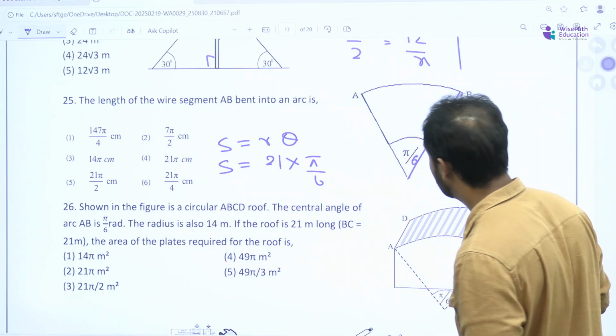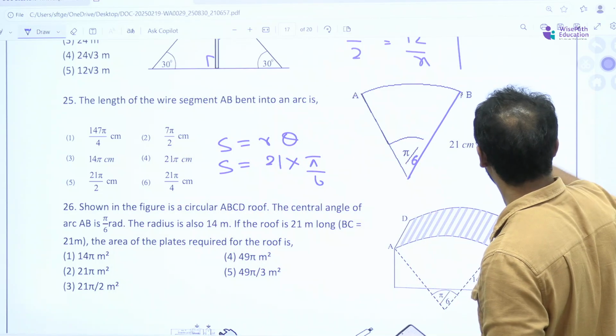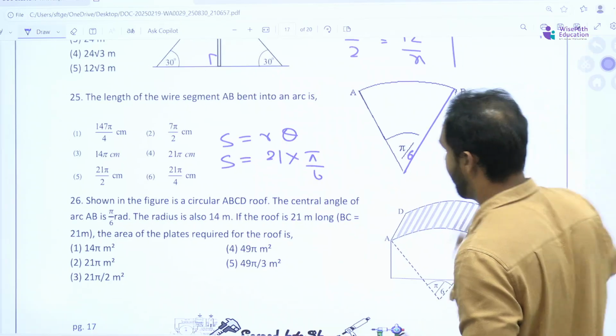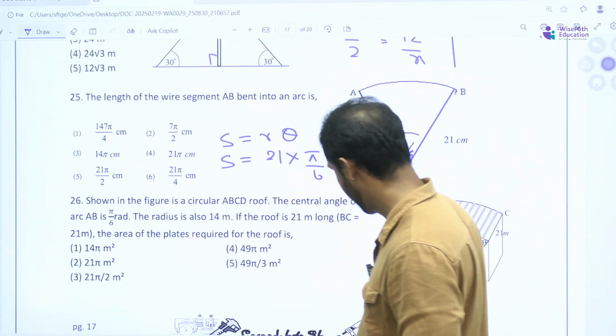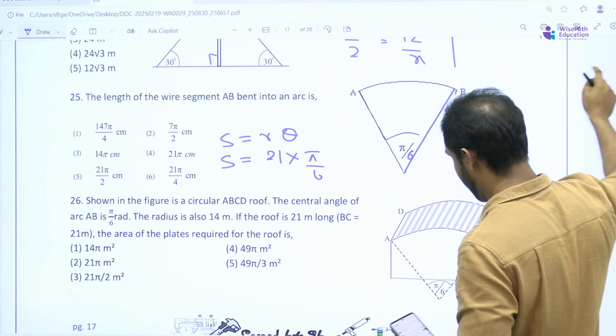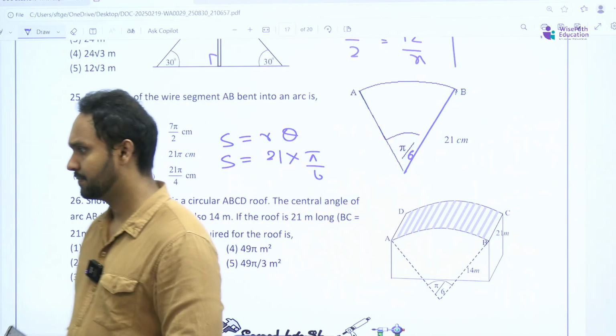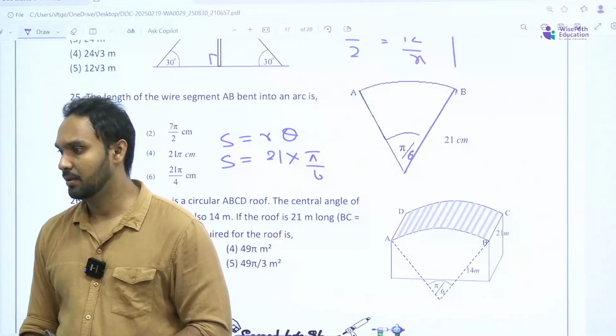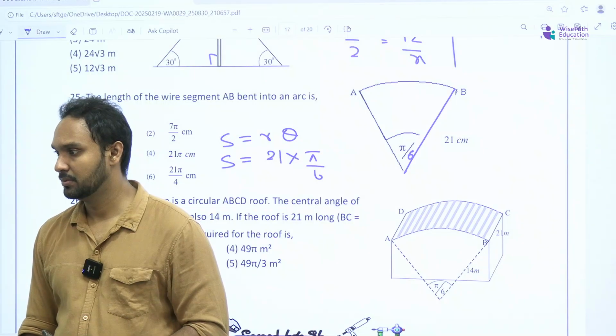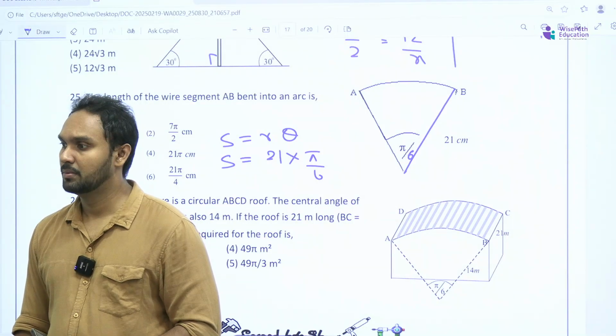Give me a second. Bro, the Zoom is connecting.